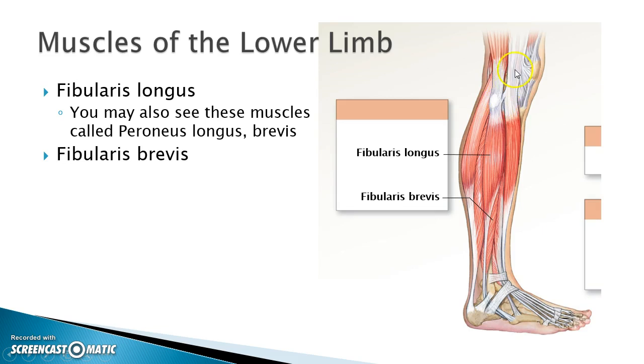Remember, it's not weight-bearing, so it's a little bit below the beginning of the knee. And so here's our fibularis longus, and it starts all the way up there at the head of the fibula and extends down towards the foot. And then the fibularis brevis looks like it's kind of behind there. So here's that tendon of the fibularis longus, and then behind that is the fibularis brevis.